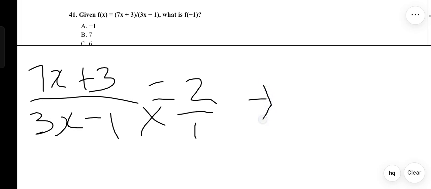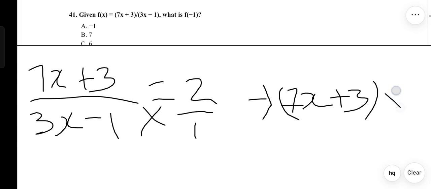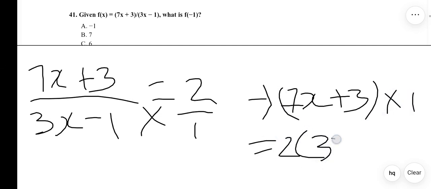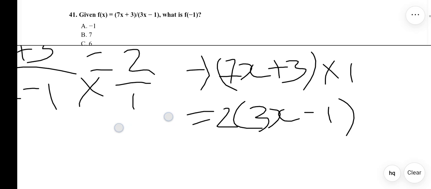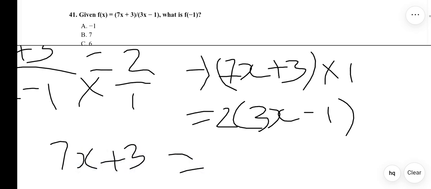So this will give me 7x plus 3 times 1 is equal to this 2 times 3x minus 1, right? So 7x times 1 will give me 7x. 3 times 1 will give me 3, is equal to 2 times 3x will give me 6x. 2 times minus 1 will give me minus 2.